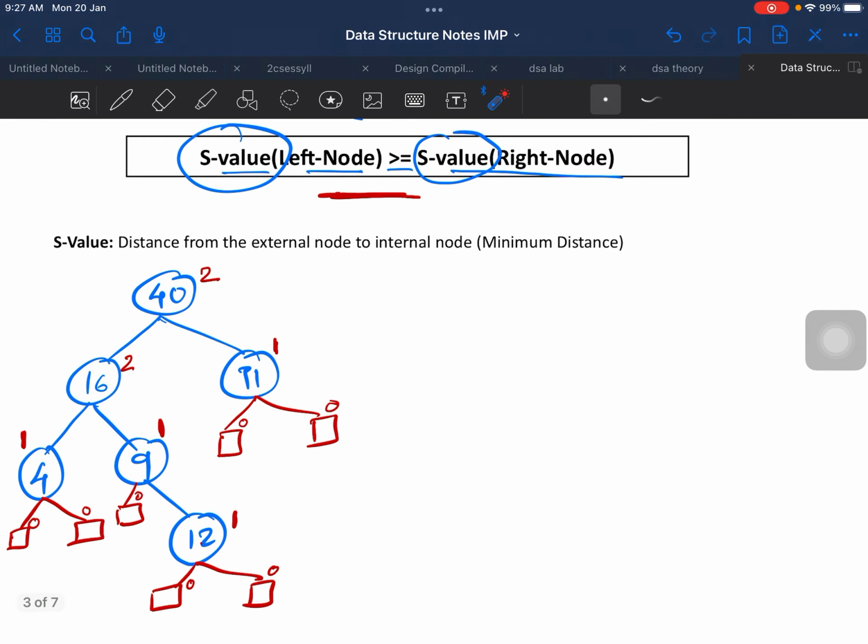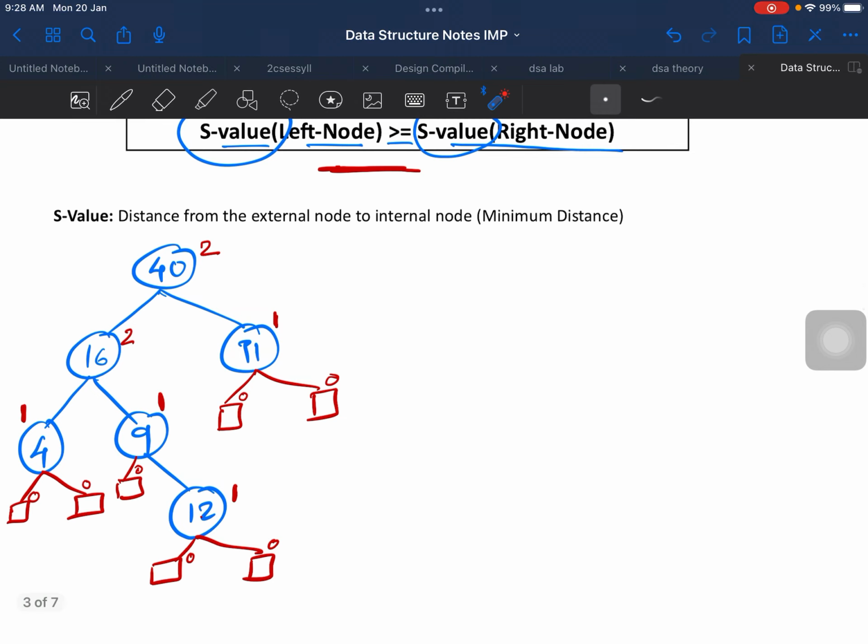By the formula, s value of left node should be greater than or equal to s value of right node. But here the left node s value is 0, which is not greater than or equal to the s value of right node. It means this is not satisfying the condition of leftist tree. That's why this entire tree is not a leftist tree.